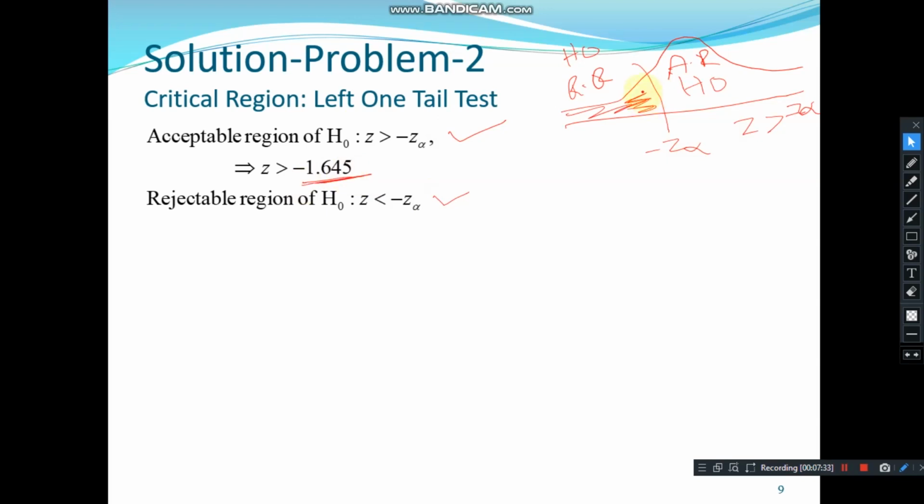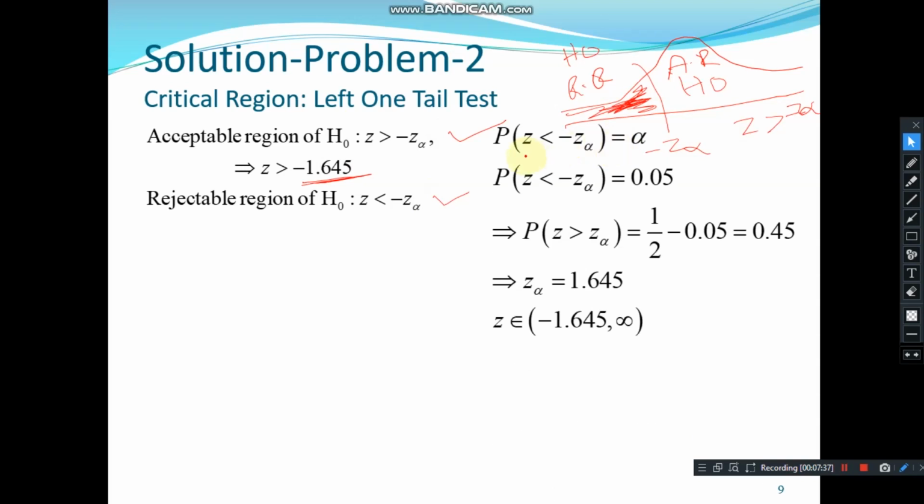How do you get this? This is the area, which you can write as a p value, the probability. It is the alpha value, given as 0.025. Now simplifying this, you get the area of z alpha. So for what value of z alpha will you get 0.45? From the standard normal distribution table, you will get 1.645.